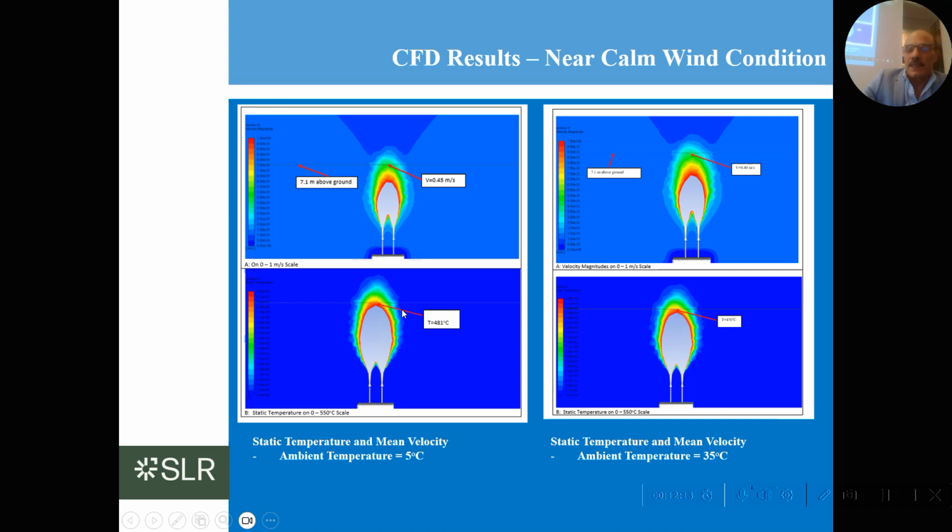Previously, we got 480, and vice versa. When the ambient temperature was increased to 35 degrees, the temperature at the area of interest is reduced to 470 degrees. There is some impact, but it is not a major impact on the results of the simulation.